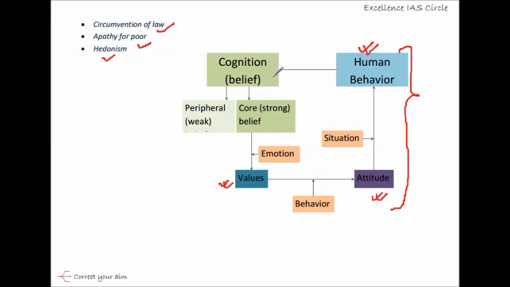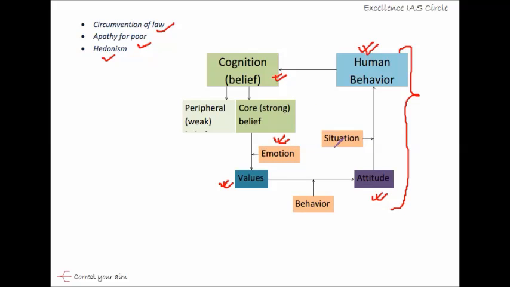And when cognition and emotion, this is cognition, the belief system, the information that we are holding in our head, when combined with emotion, that gives rise to a value system. And values develop attitude, behavior comes out of attitude. There are four things that we did: cognition, emotion, conscience, and attitude.